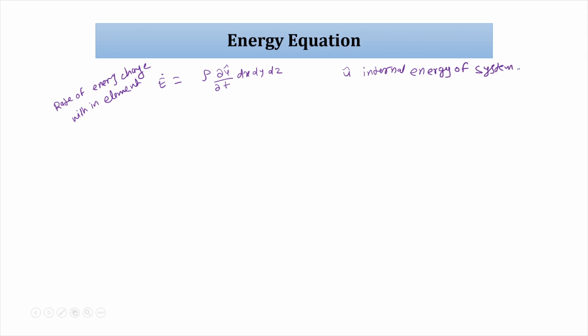Internal energy of the system, you can write. So equation 1 was saying E dot in plus E dot g minus E dot out equal to E dot stored, isn't it?